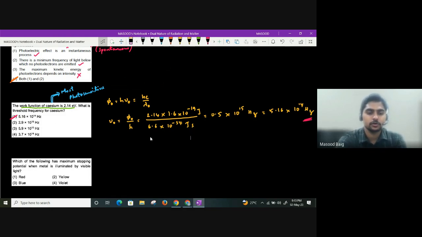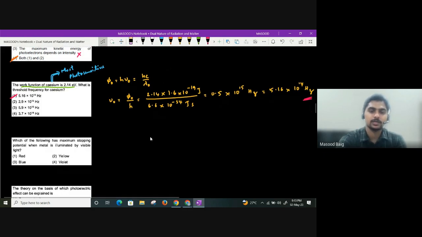Which of the following has maximum stopping potential when metal is illuminated by visible light? When metal is illuminated by visible light, what do we write? V naught value, we have studied, is hc divided by lambda naught, or hc divided by e into lambda naught.